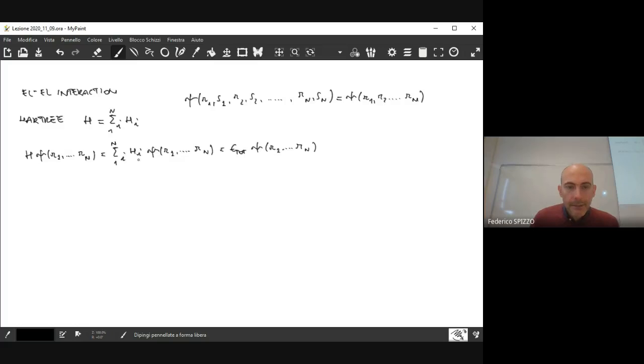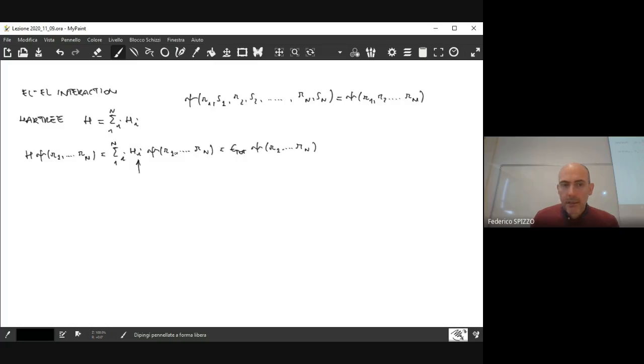Here you have only a specific index, so this Hamiltonian is an operator that, from all the possible coordinates within this wave function, acts only on the coordinate of electron I. So if we fix the value of I, all the other coordinates do not contribute to the calculation, just the I coordinate contributes.